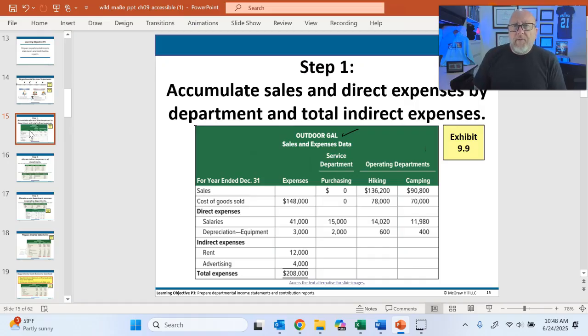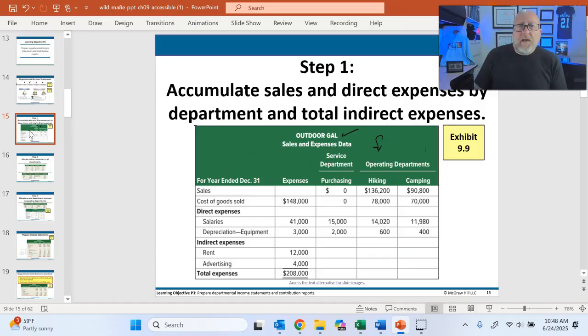And then we have operating expenses by department. So we have hiking and camping. So we are going to really be constructing the hiking and camping income statements.